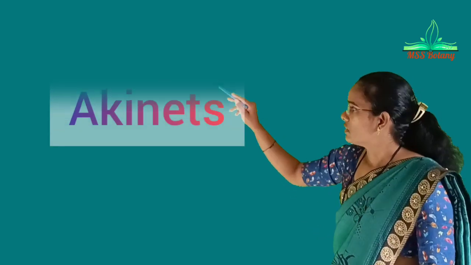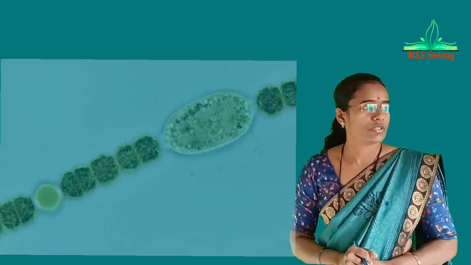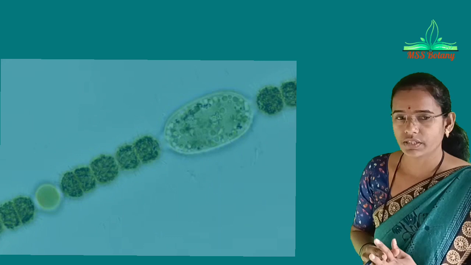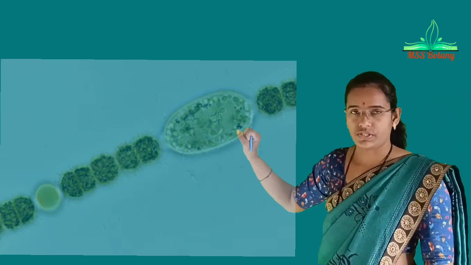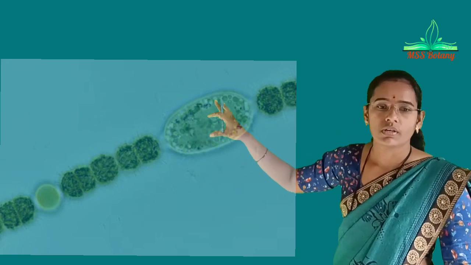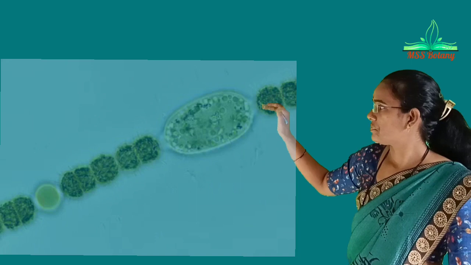Then the third type is the akinetes. During unfavorable condition, some cells of the Nostoc get enlarged and covered with a thin wall.